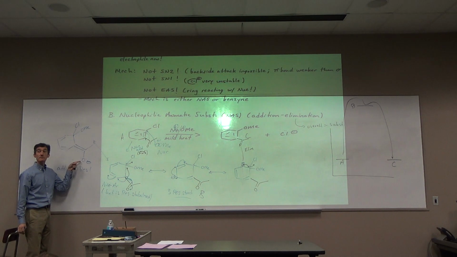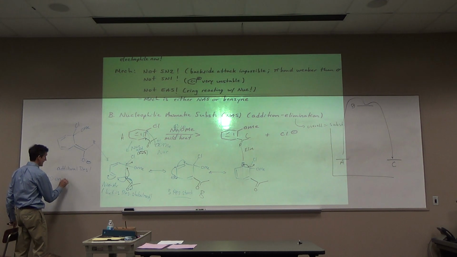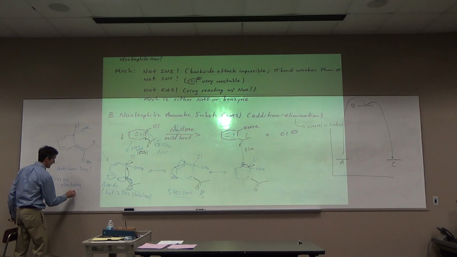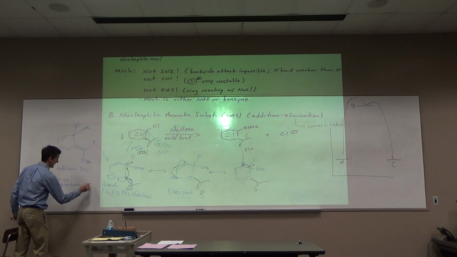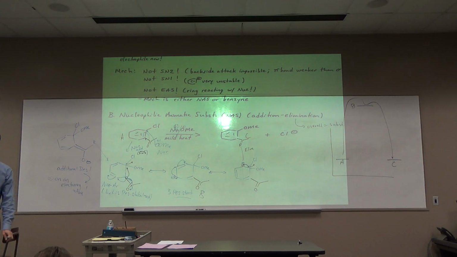And that's an even better thing. The minus charge we're able to place on an electronegative atom. Good thing.